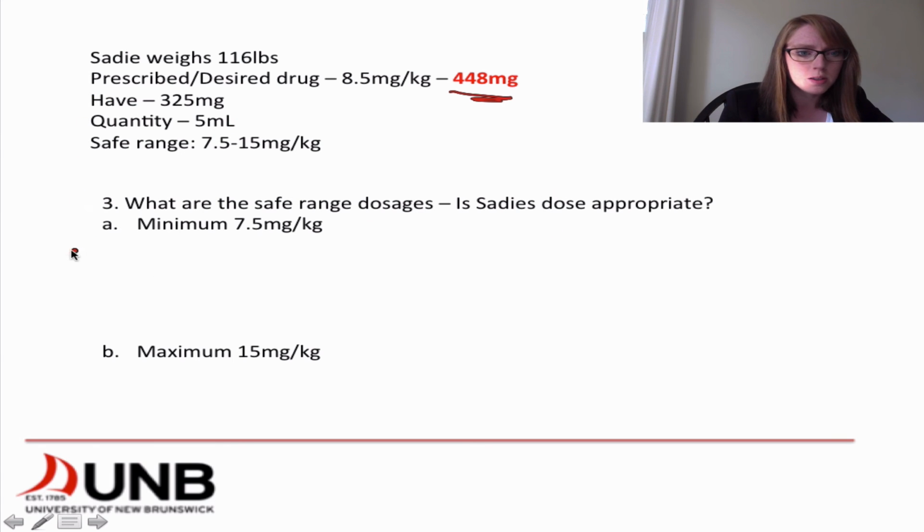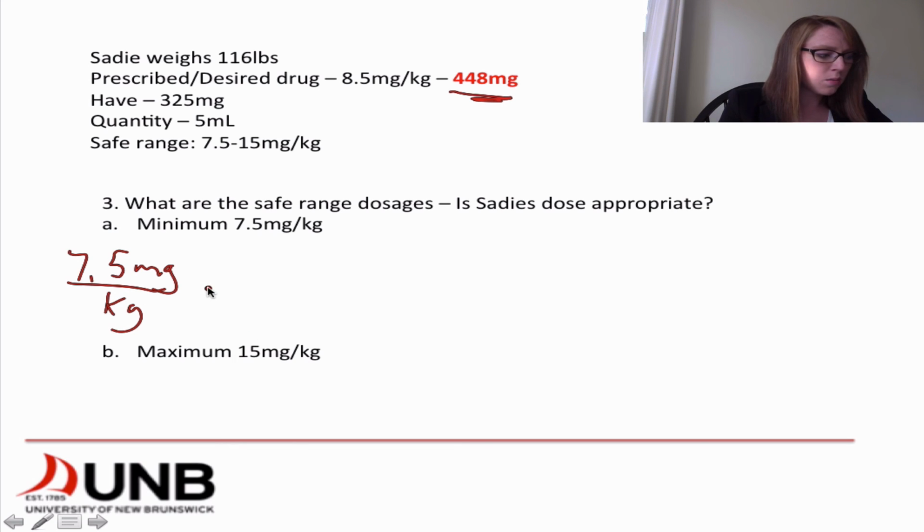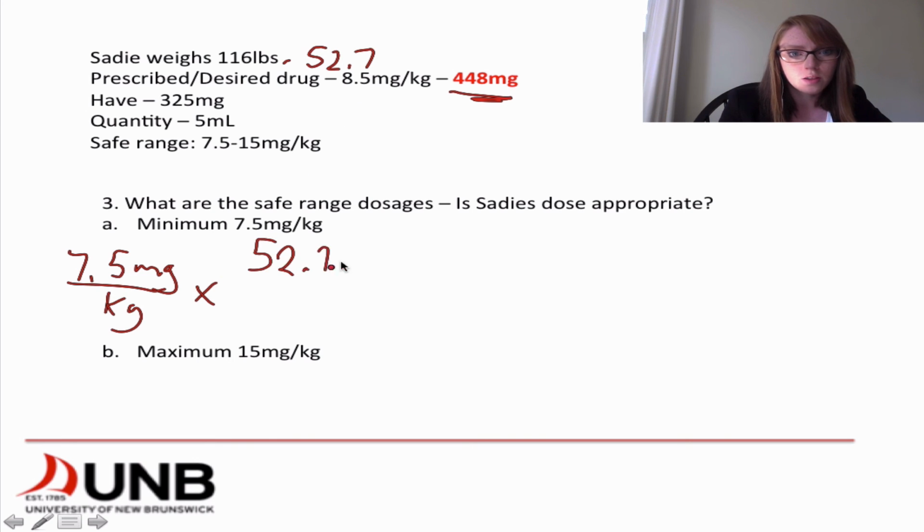So the minimum is 7.5 milligrams, again, per kilogram. Okay, and we are multiplying this by her kilograms, which I forgot to write in up here, 52.7 kilograms.